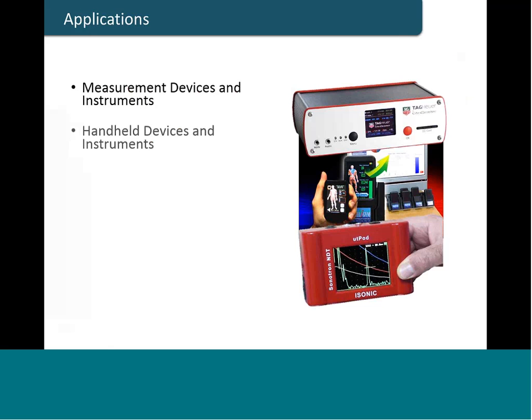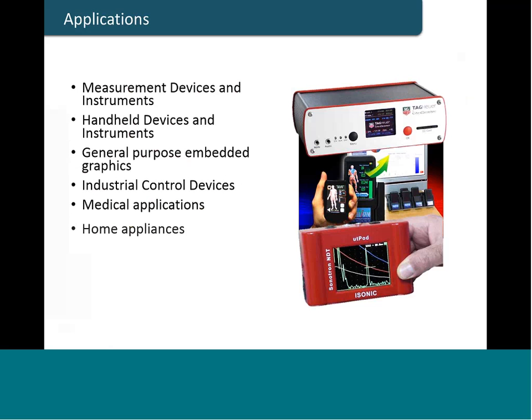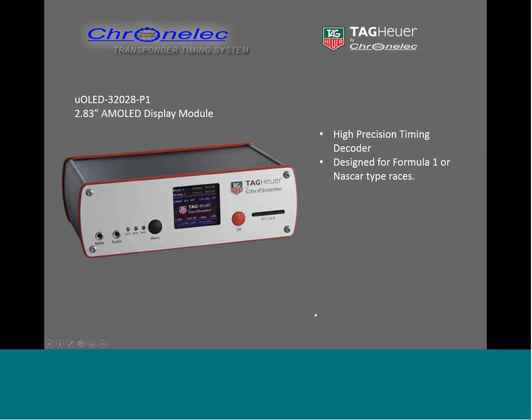Our graphics display modules are used in many different kinds of devices. Basically, almost anything you can think of that could have a graphical user interface can utilize our display modules. Here you can see a few examples on the right side of the screen. And just before we go into the display modules, I wanted to show some products where our display modules are used.